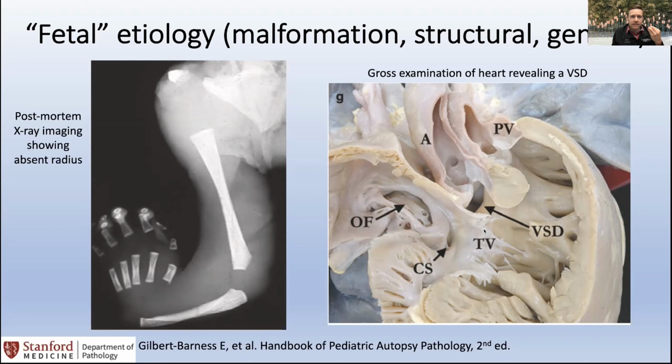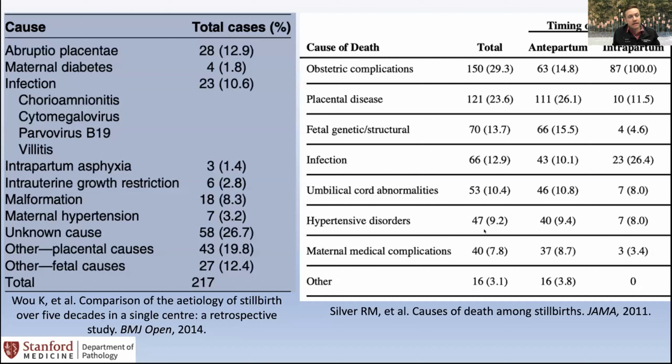And so I think the issue a lot of times is people think that that's going to be the majority of etiologies for IUFD or neonatal deaths. But if we go back to this chart, again, it's really a fairly small percentage, about 8.3 and 13.7%.